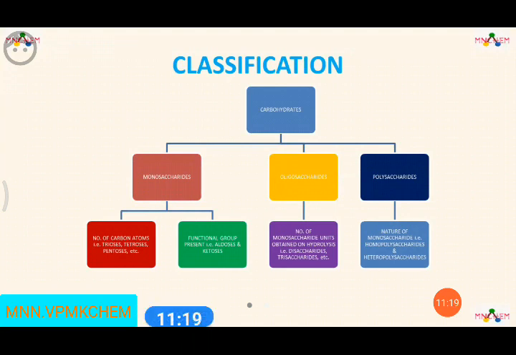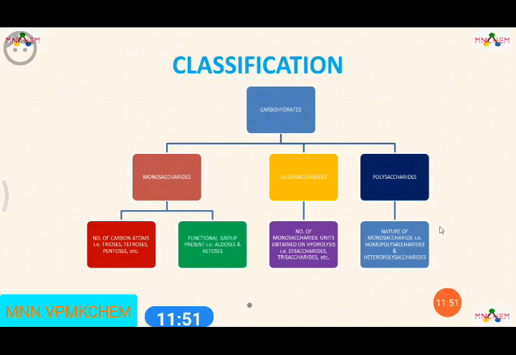Whereas the heteropolysaccharides on hydrolysis give different types of monosaccharide units. For example, hyaluronic acid and chondroitin. These are examples of heteropolysaccharides. This is the classification of carbohydrates, broadly classified into three types, and then they are further subclassified.